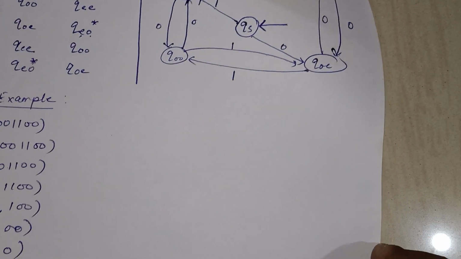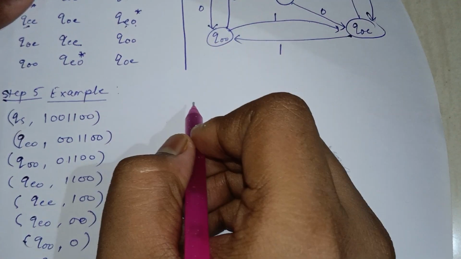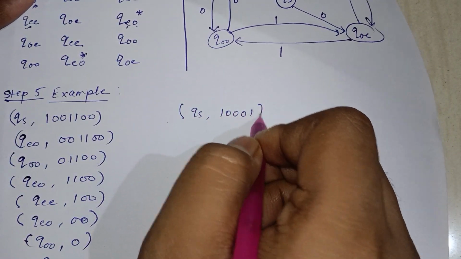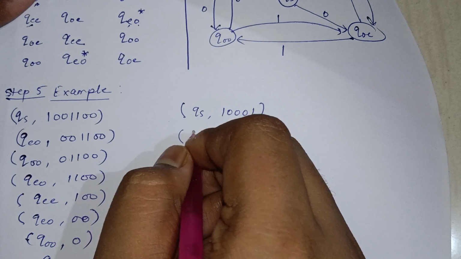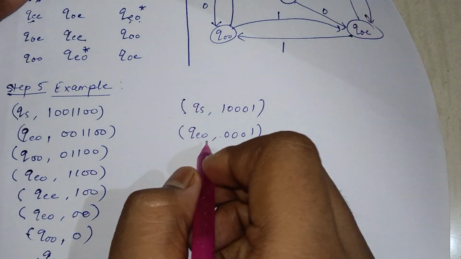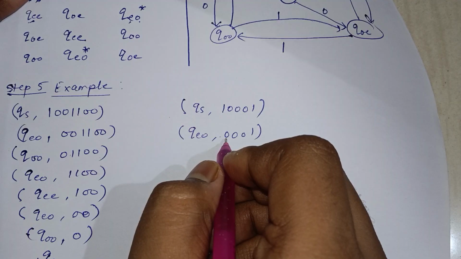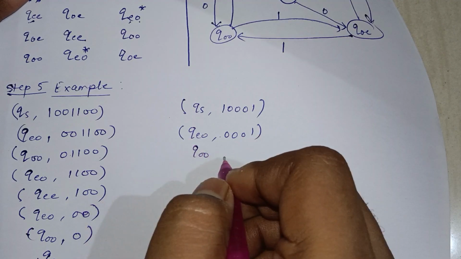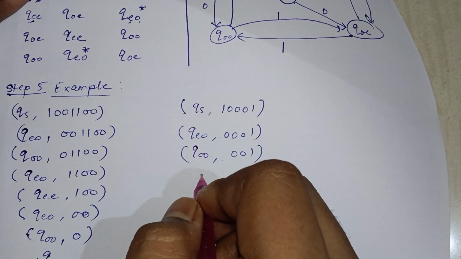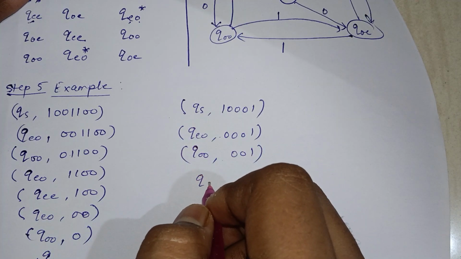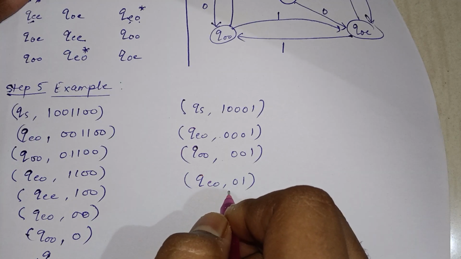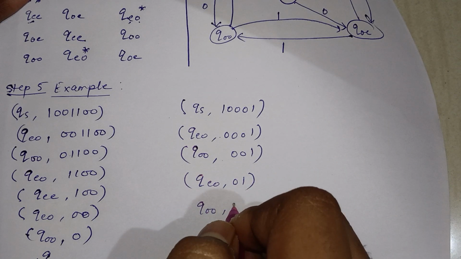Let's take an example of rejection also. QS 10001. QEO 0001. Same, when QEO receives 0, it goes to QOO 001. When QOO receives 0, it goes to QEO 01. When QEO receives 0, it goes to QOO 1.